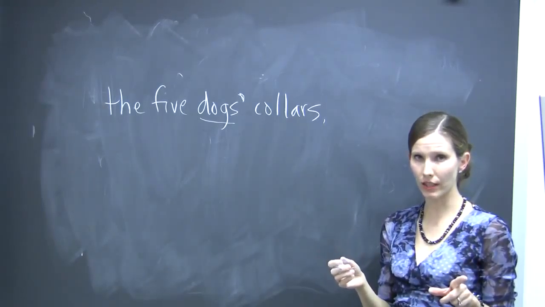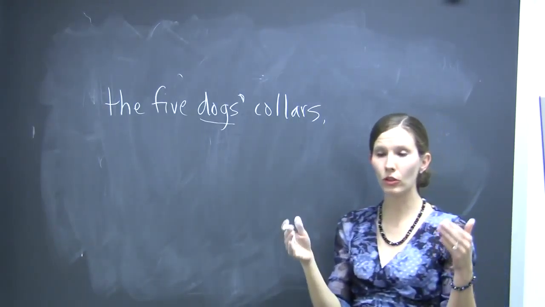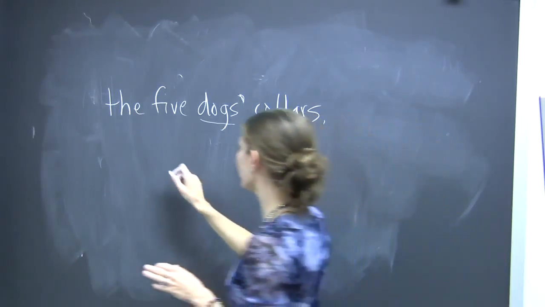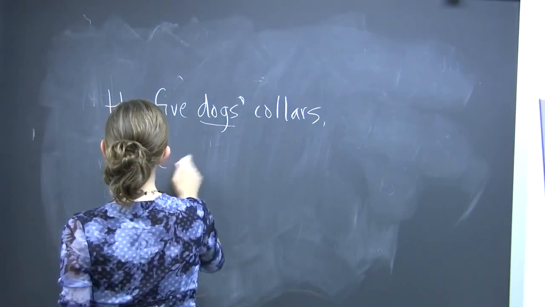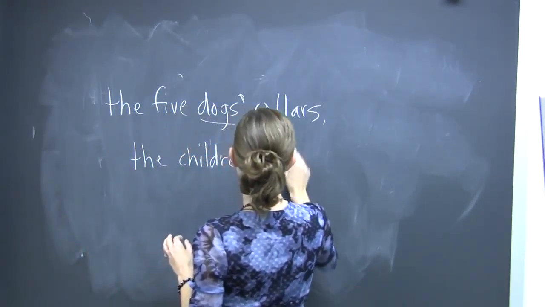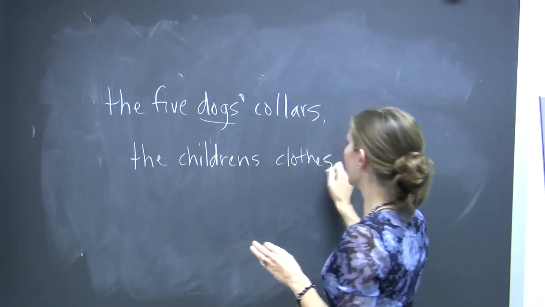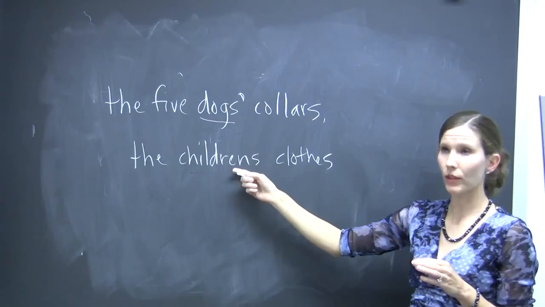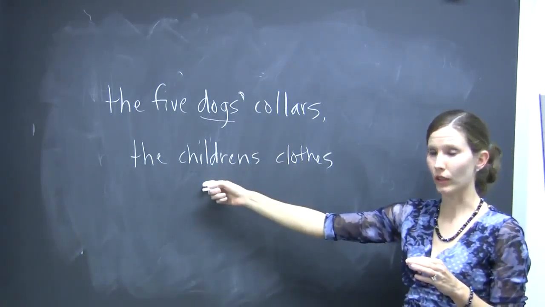There's an exception to this, however. If your plural noun does not end in the letter S. So for example, children is a plural noun. It means more than one, and the clothes belong to the children.